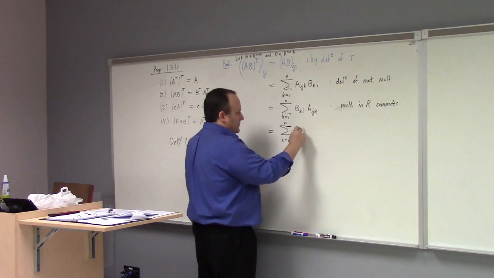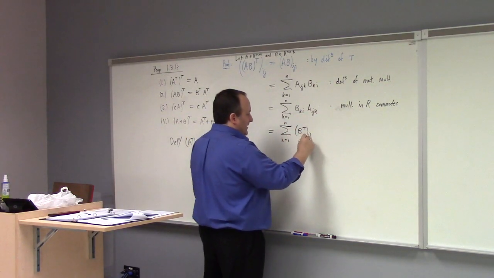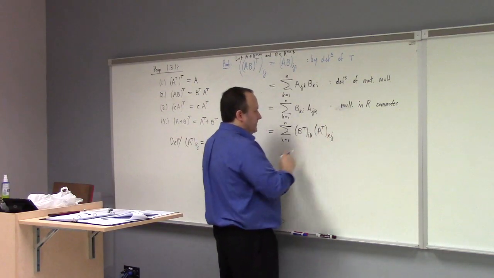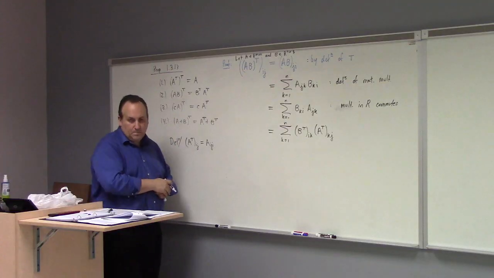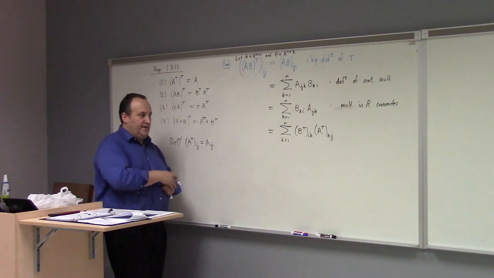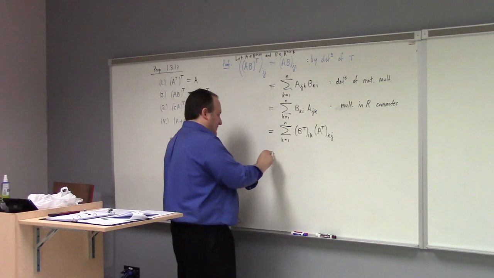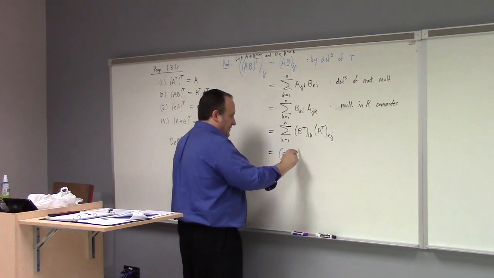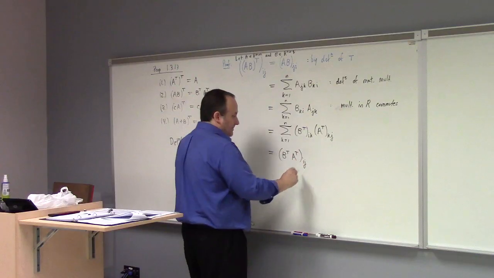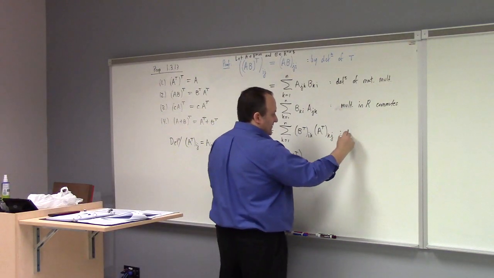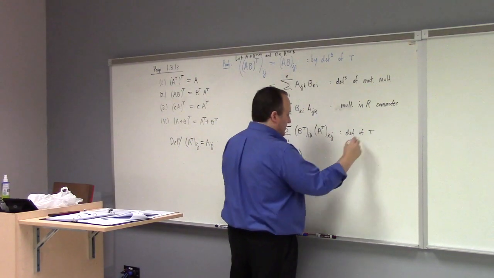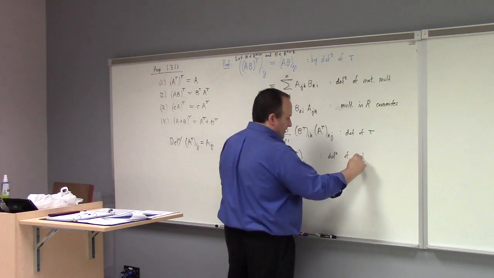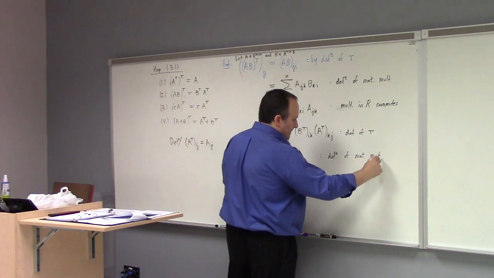So this is (B transpose)_{ik} (A transpose)_{kj}. And then we use the definition of matrix multiplication. See, that's exactly the ijth component of B transpose times A transpose, right? So here's the definition of transpose, and this was the definition of matrix multiplication.